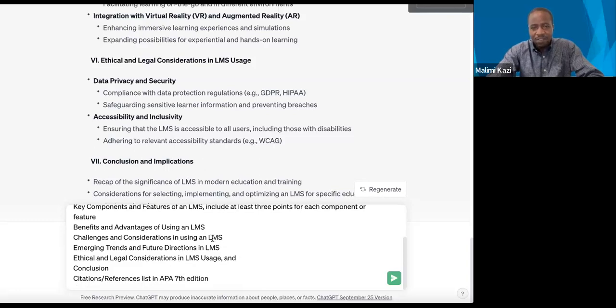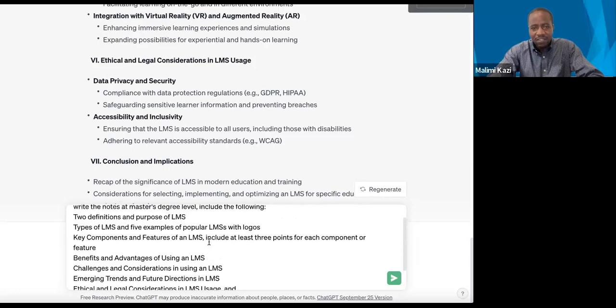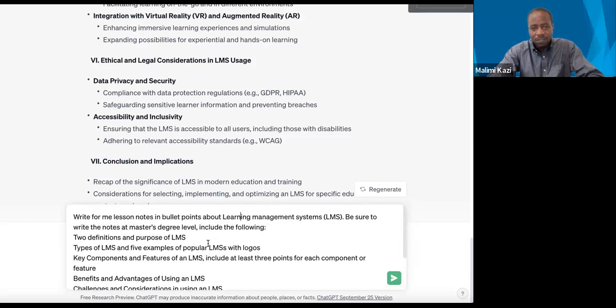One of the things which I noted ChatGPT did not include in the first notes the system produced is that it did not include examples.